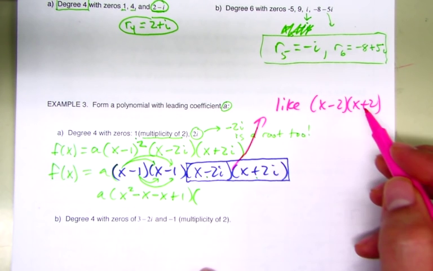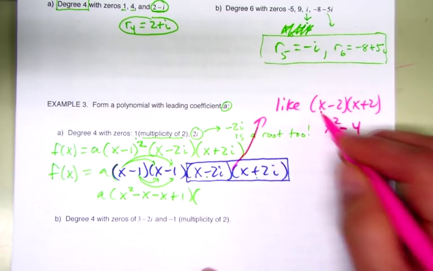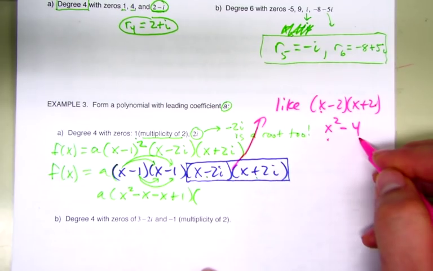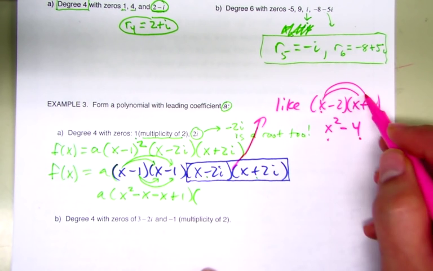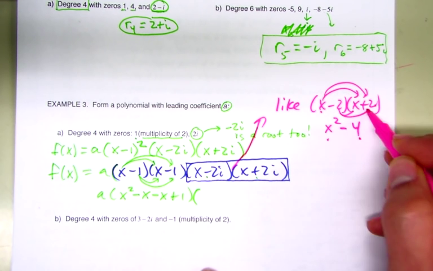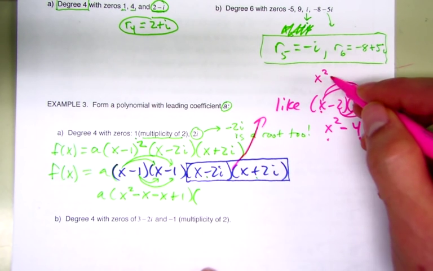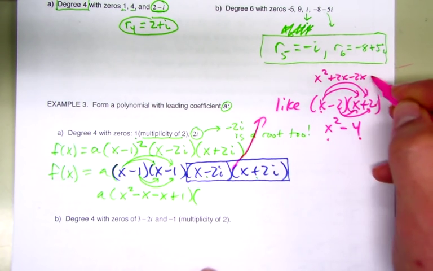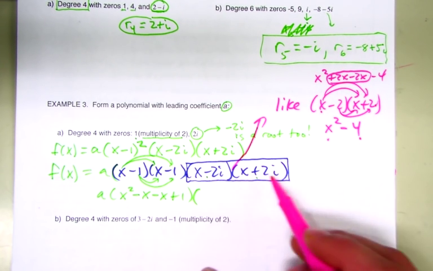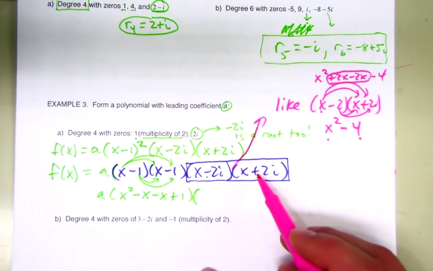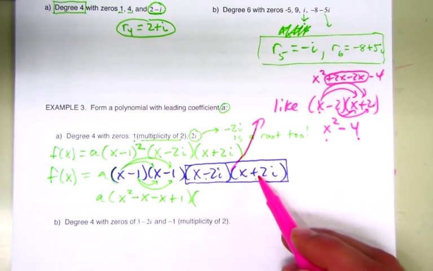If you guys remember when we multiplied those, we always got two terms. The first term squared and then minus the last term squared, x squared minus 4. Because if you FOIL, or multiply and distribute each term, you get x squared plus 2x and then minus 2x minus 4. The middle terms always cancel when you have the exact same factors except one is minus and one is plus.